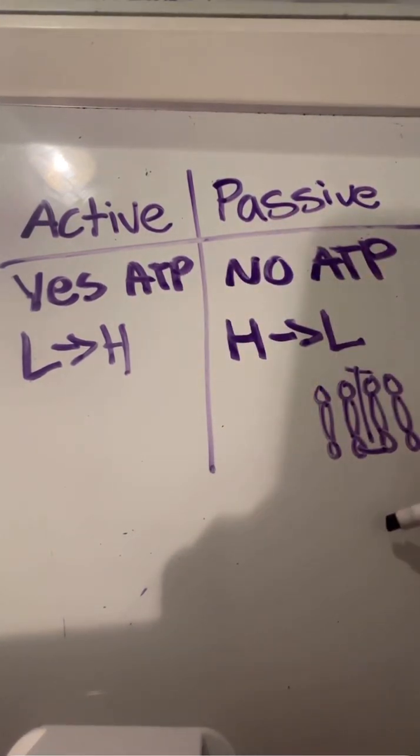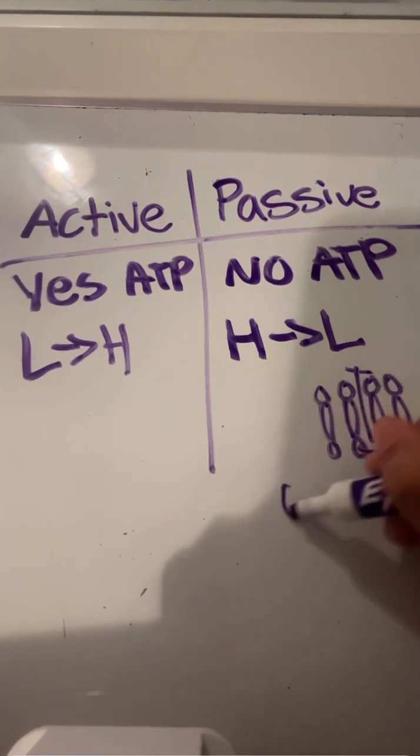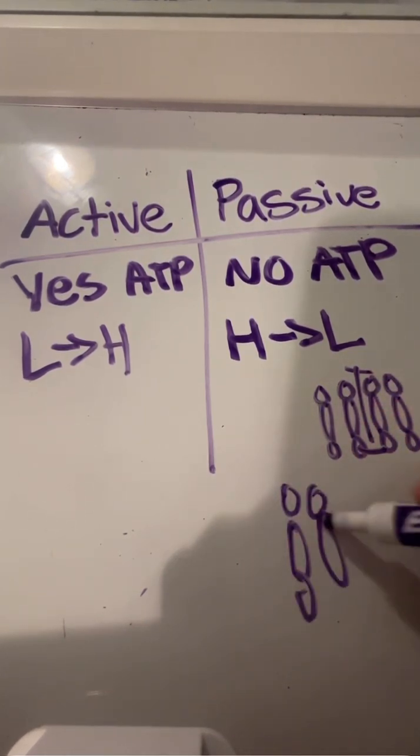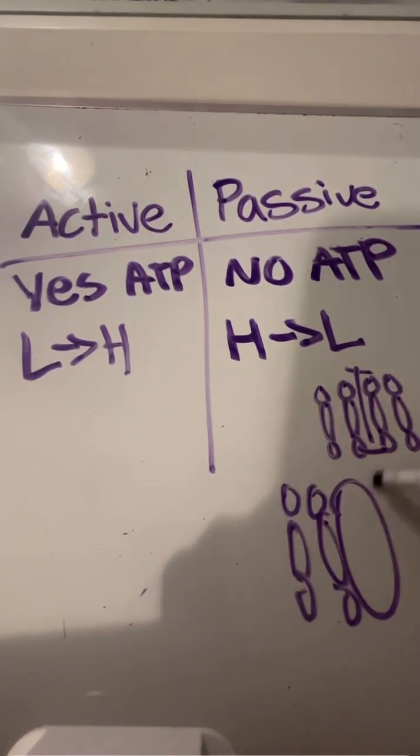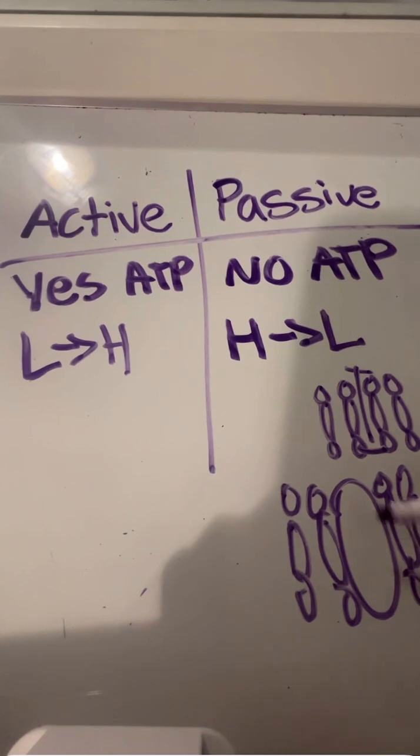If you see this, exactly, that's for this one. But if you see this, like this shape, that's a protein. A protein is for passive. So you see this one is for passive, this one is for active. That's the difference between the protein pump and the protein channel, you know.